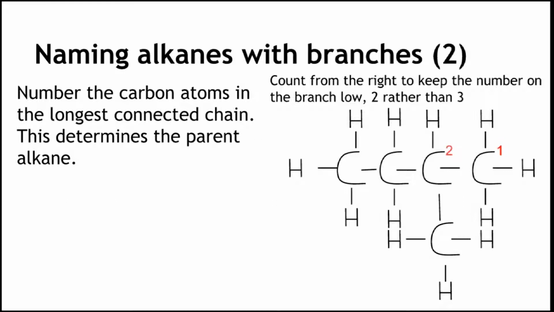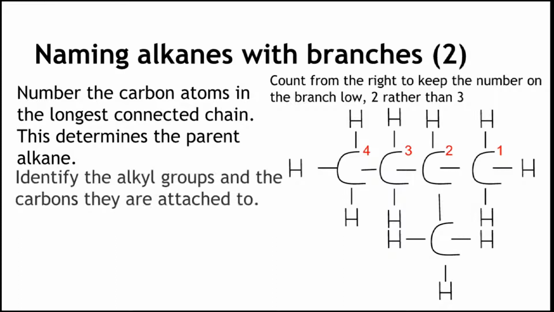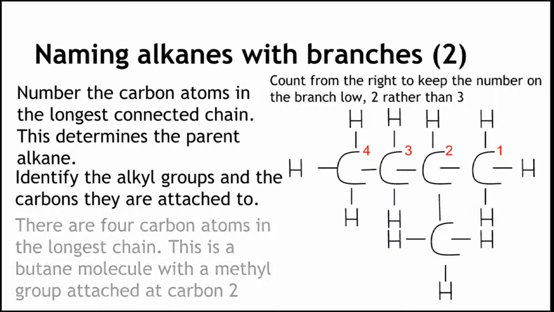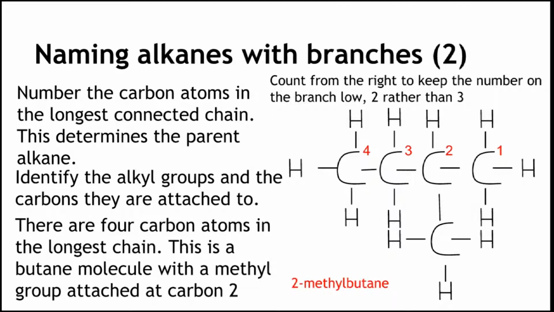And then we number the carbon atoms. Now, we're going to number the carbon atoms from the right-hand side this time. And the reason for that is if we number the carbon atoms from the right-hand side, the branch that's attached will get the lowest number.